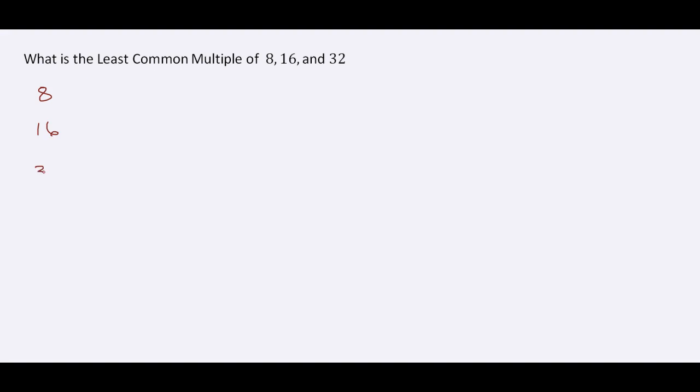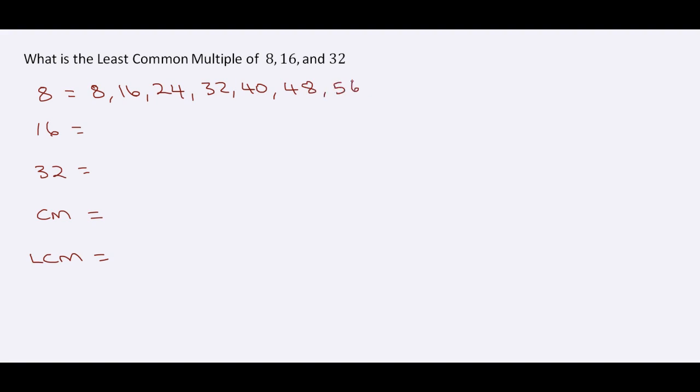So let's look at 8, 16, and 32, and then we're going to derive our common multiples and then our least common multiple. 8 by 1, 8, by 2, 16, by 3, 24, by 4, 32, by 5, 40, 6, 48, 7, 56, 8, 64, 9, 72, 10, 80.